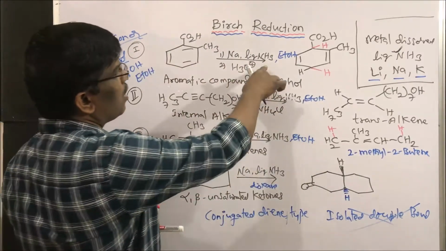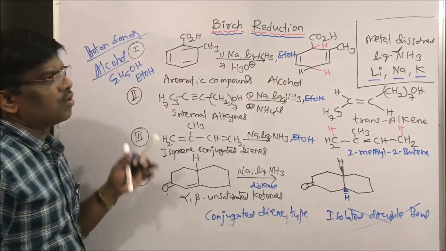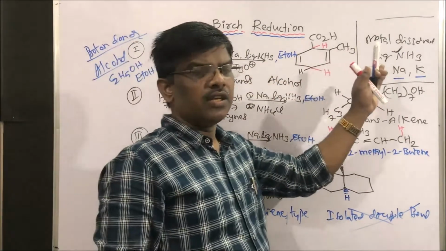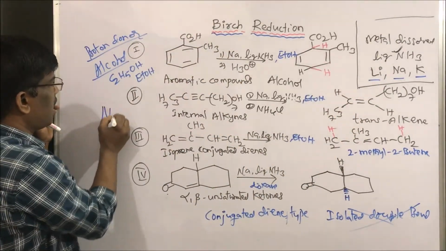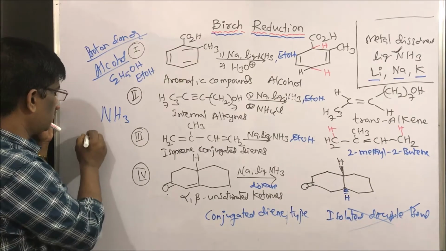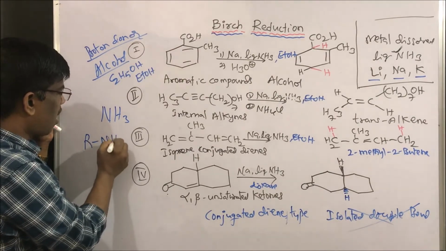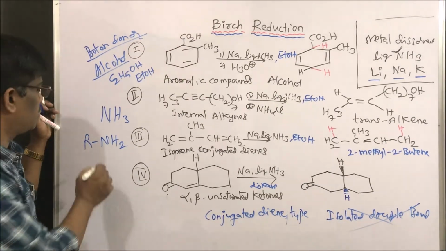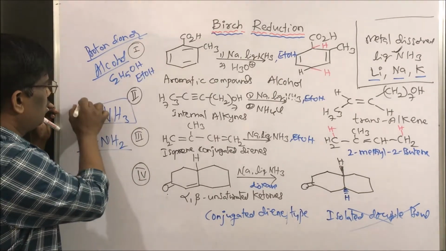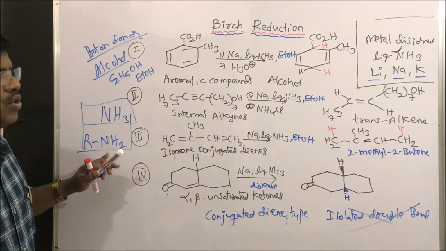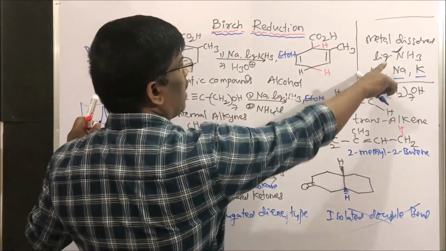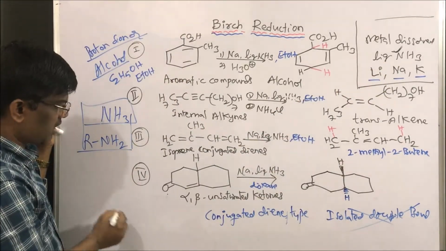Yes. So what is the amine? The metal is dissolved in amine. Usually we will use liquid ammonia. Or you can use an alkyl amine. Alkyl amines can be used in place of ammonia. Yes, what is the temperature?